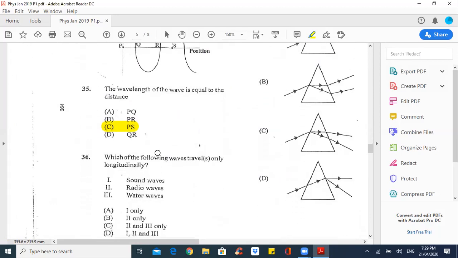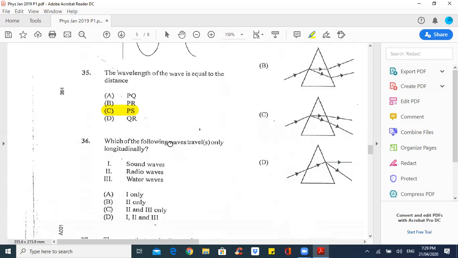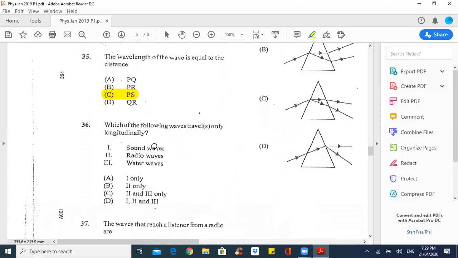Number 36. Which of the following waves travel only longitudinally? Longitudinally is sound wave. Wait, sorry. Which of the following waves travel only longitudinally?